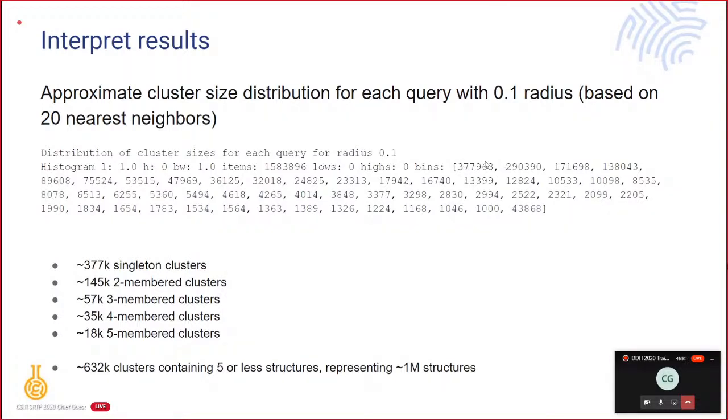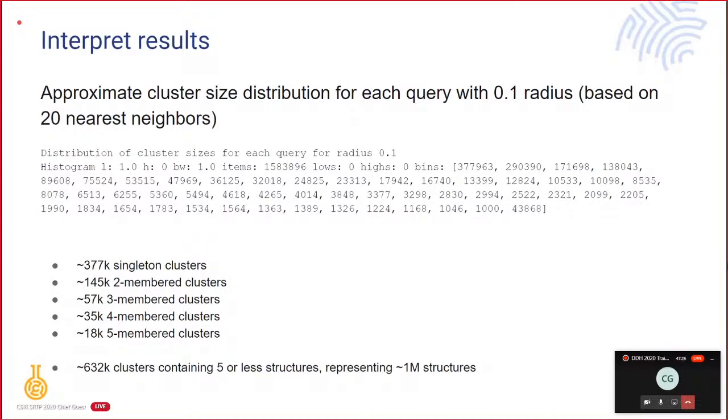This says that, for example, in the ChEMBL dataset, which is quite a filtered dataset, apart from the more than 300K singleton structures, close to 100K clusters can be expected to contain only 2 structures. 60K clusters are expected to contain 3 structures, and so on.